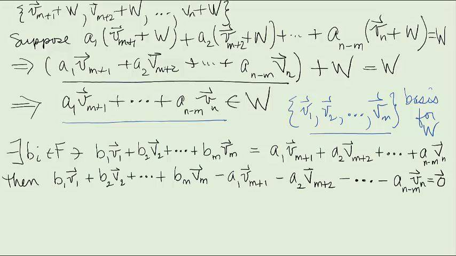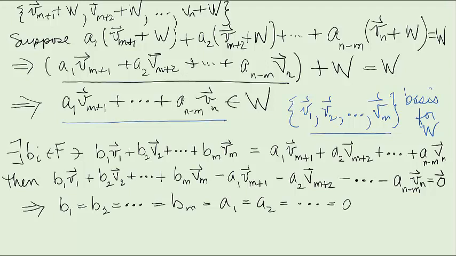And you see we get a linear combination of v1 through vn equal to the zero vector in V. Well, v1 through vn was the basis for V, so this implies that b1 equals b2 equals all the way up to b sub m, including a1, a2, up to a sub n minus m, that all of those n scalars must be equal to 0.